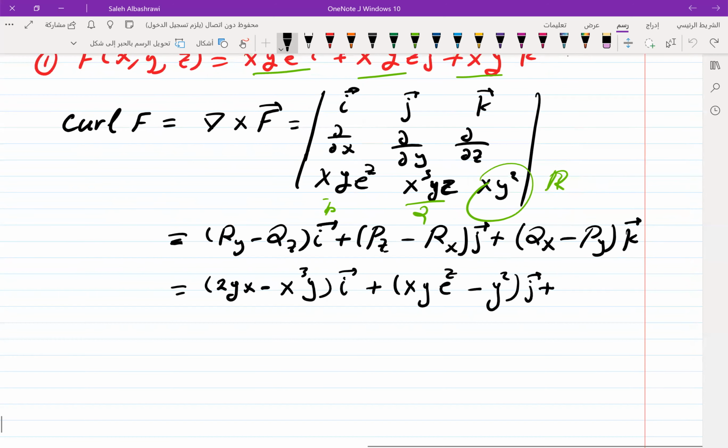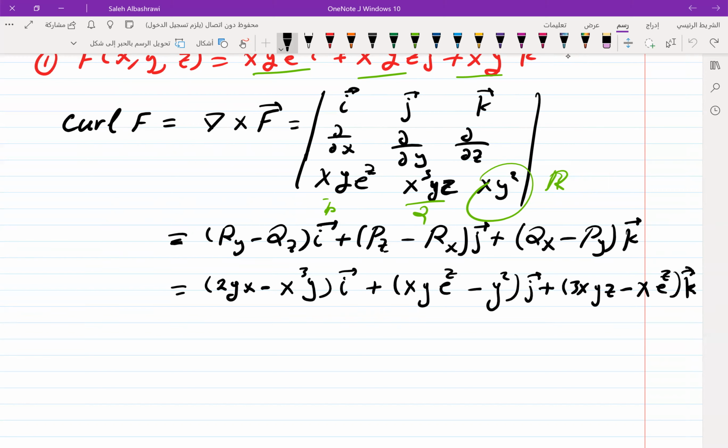Plus, differentiate Q with respect to x, I will have 3x squared yz, minus P sub y, that will be x e to the power z, k. So this is the curl for this function.